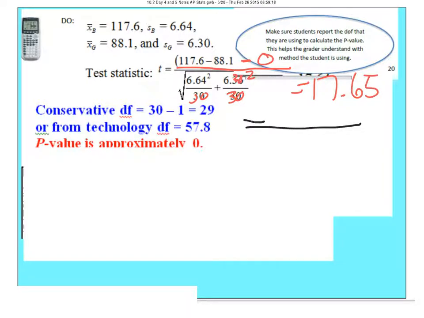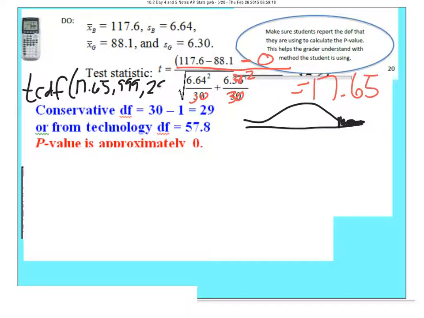When you do this, we're going to have a test statistic of 17. I need to go higher. So remember, if we use the calculator, we're going to do a t-CDF, not normal anymore, it's t-CDF. I want to have from 17.65 up to 999. They're going to ask you in the calculator for degrees of freedom, and I'm going to type 29. That will give us a p-value of approximately 0.